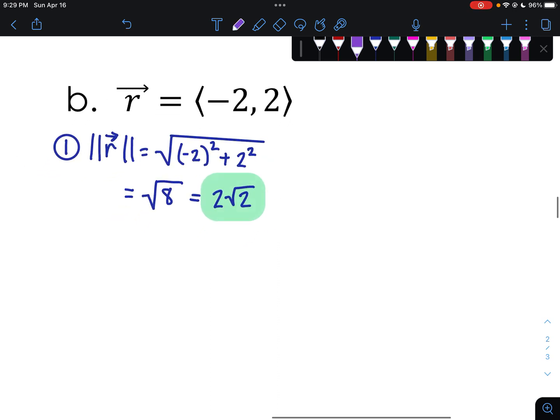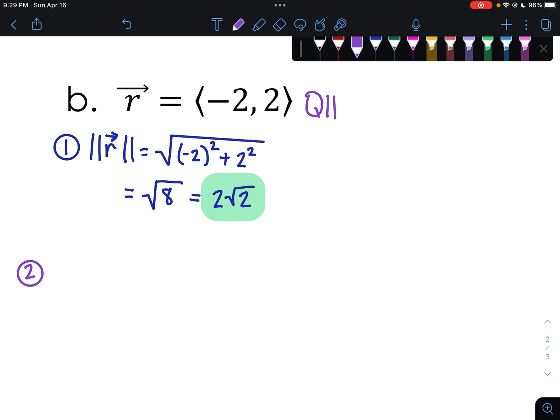Next, we need to find our direction angle. So step 2 is our direction angle. Before we do anything, we see that x is negative, and when x is negative and y is positive, that means we're in quadrant 2, which means the answer we get in our calculator is not going to be our answer. We're going to have to remember to add 180 because it's in quadrant 2.